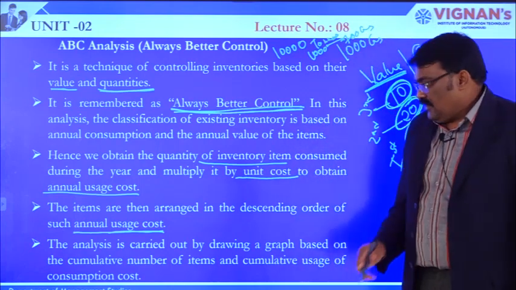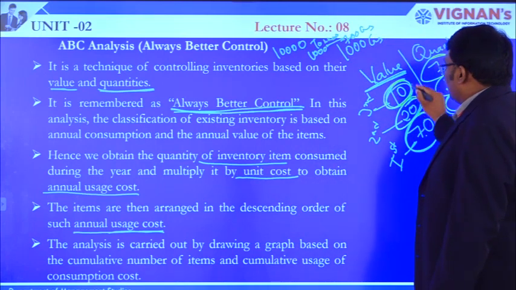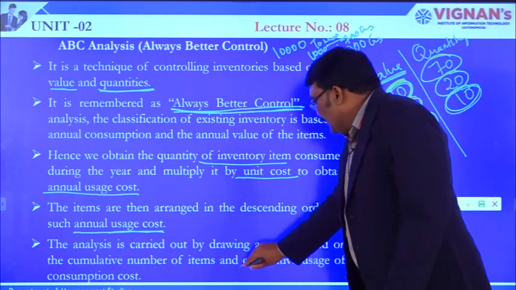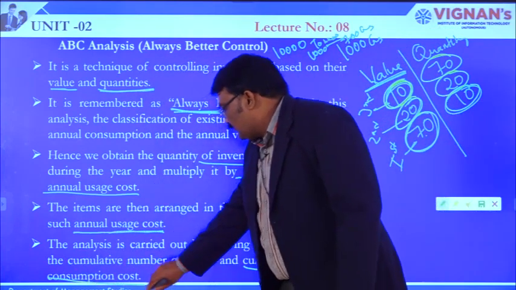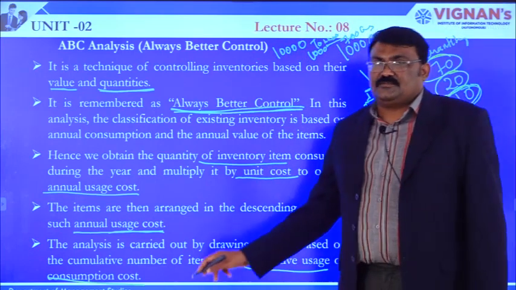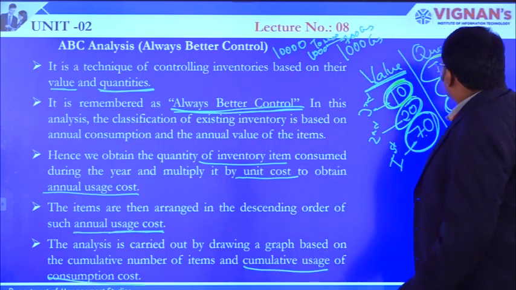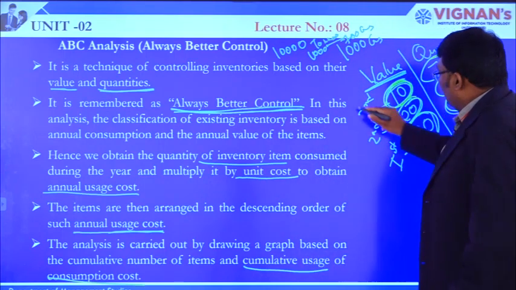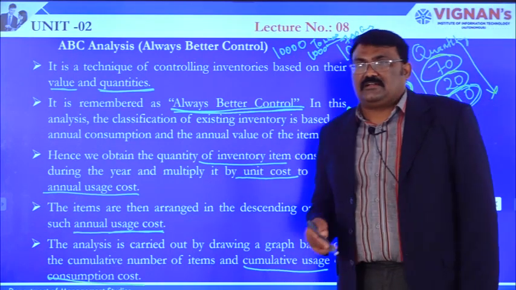So, we try to identify based upon cumulative usage and consumption cost. Cumulative usage, the total usage for the annum, and whatever cost is incurred for that, we would try to calculate.